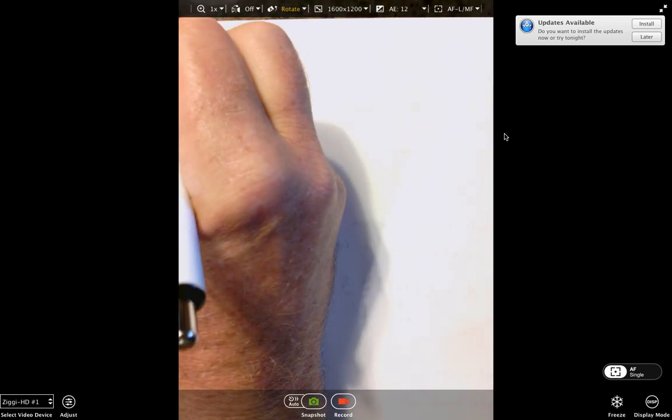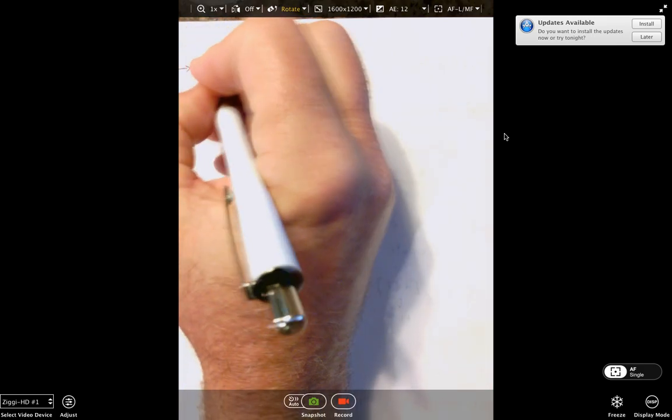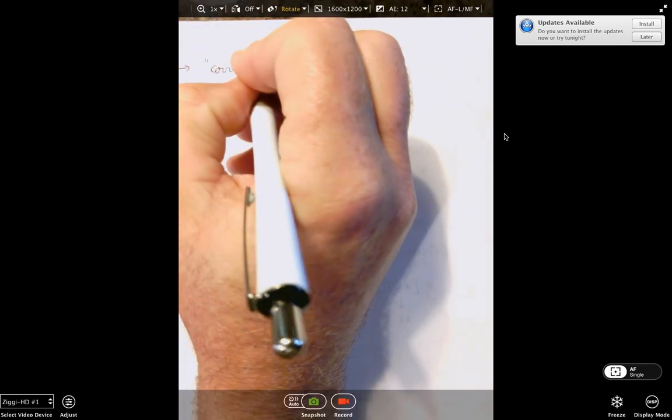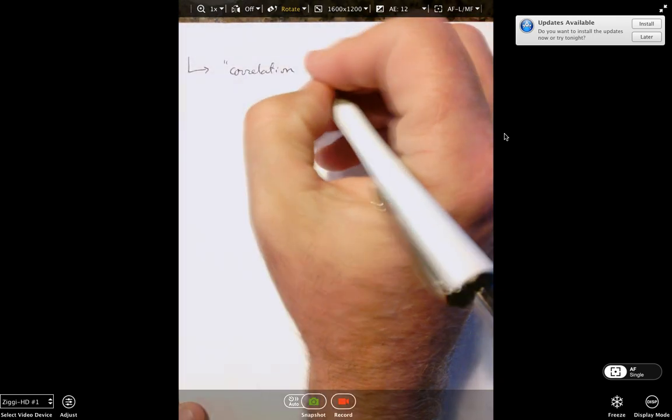And the most agreed upon method of calculation is called the correlation transformation.